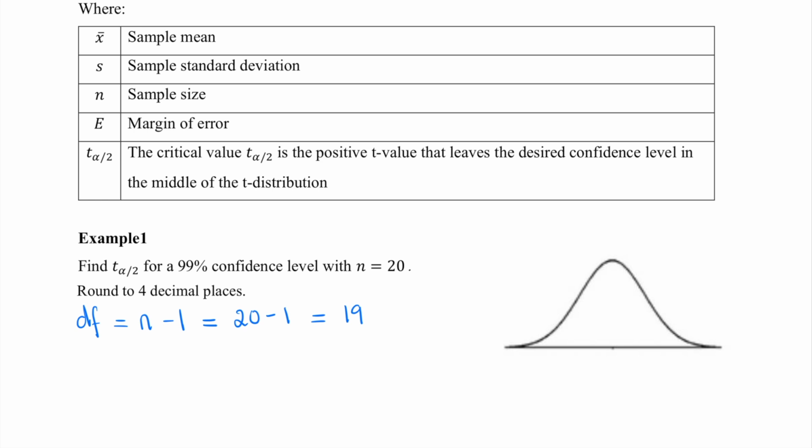Now, before using the calculator, I recommend sketching a quick picture. Draw a bell-shaped curve. The values on this horizontal line are the t-values. The value at the middle of the curve, where the peak is, is 0. The 99% confidence level, or 0.99, is the area in the middle.